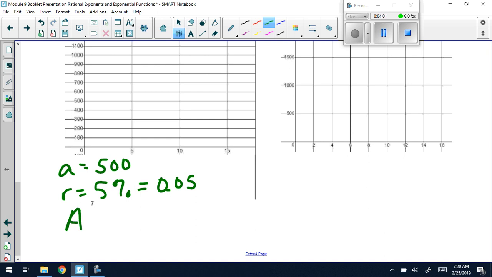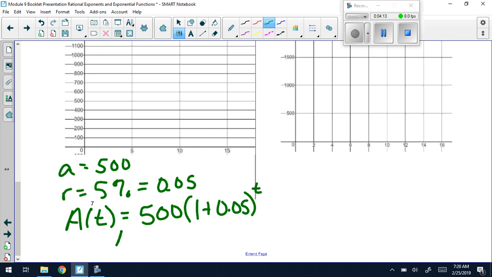So I'm going to do capital A of t equals my initial times 1 plus my rate, because it's growth, to the t. And we can just shorten that to what? 500 times 1.05 to the t. Now make sure that t is an exponent. It's a superscript. It's small, and it's raised up into the exponent position. So this is our function that we're now going to graph.